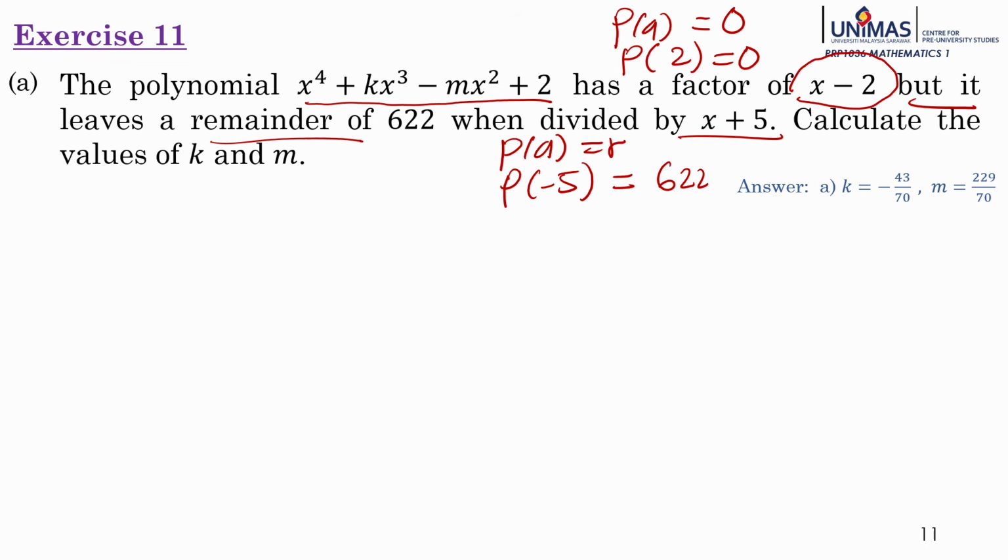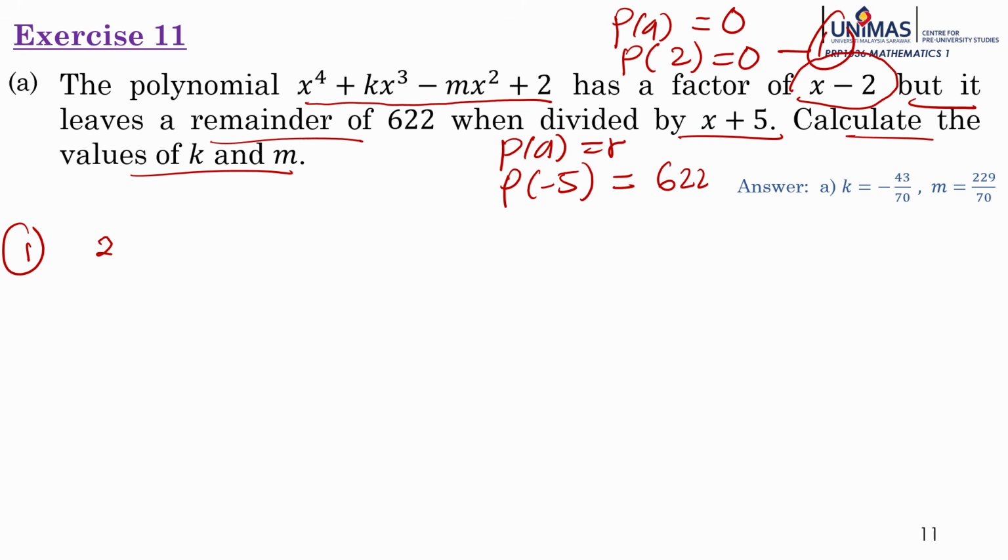Okay, calculate the value of k and m. So that means we have to solve a simultaneous equation later on. First we do this one first. We substitute the value of 2 into the polynomial.